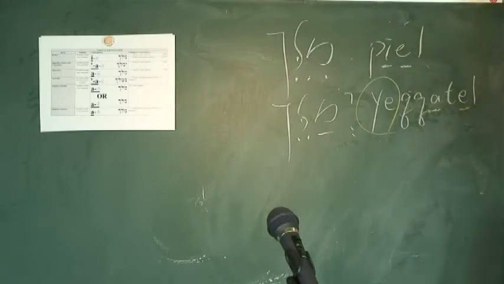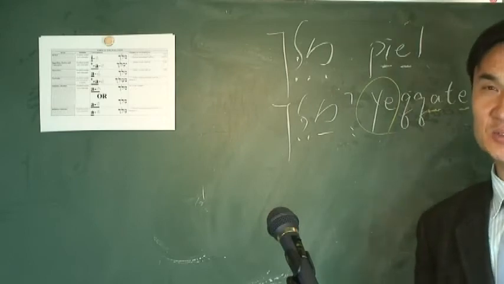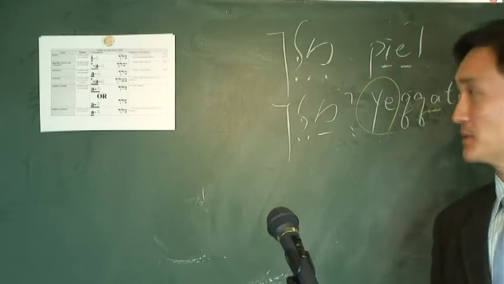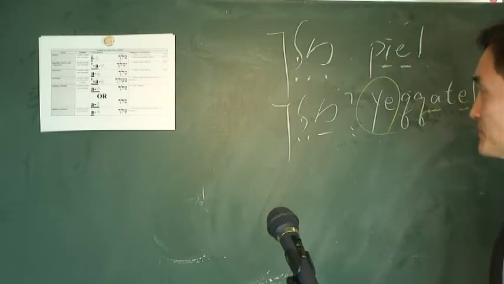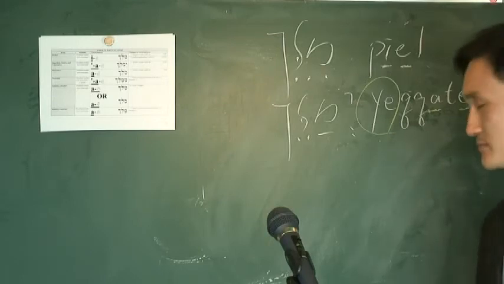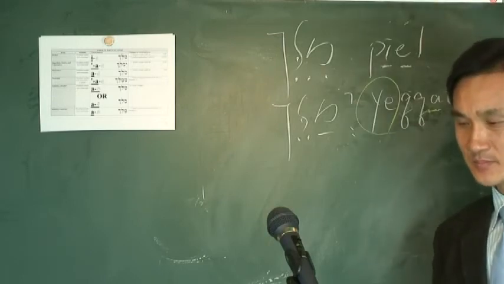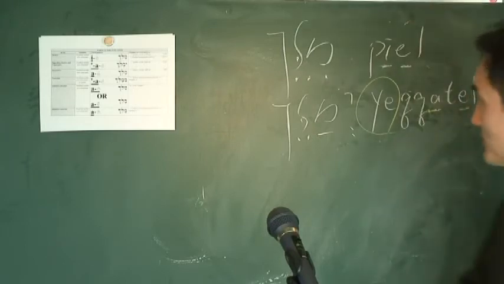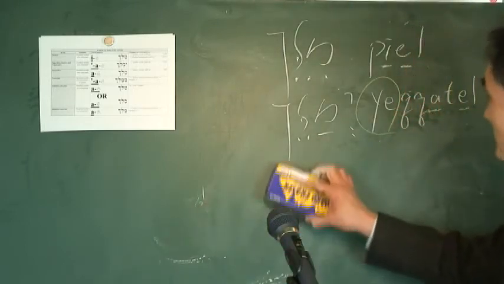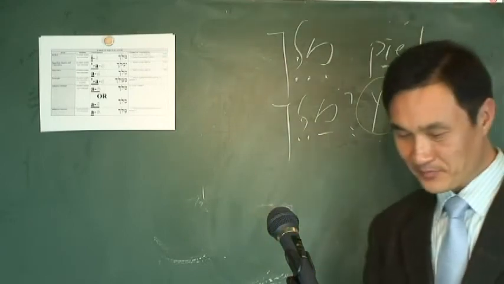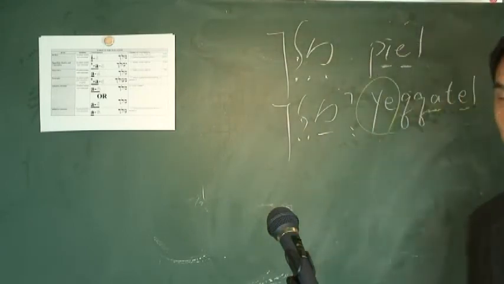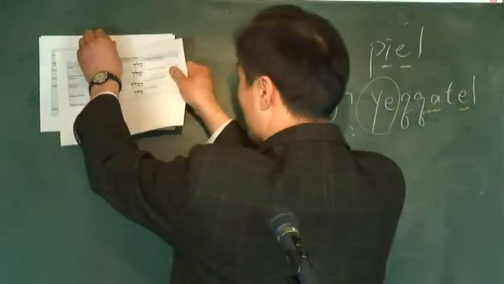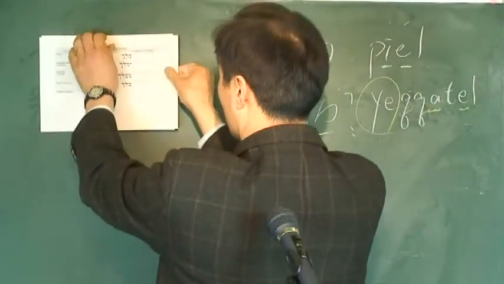We just needed to add the prefixes or both prefixes and suffixes. Please refer to the textbook to memorize the imperative, participle, and the infinitive, absolute, and construct forms of the PL verb.